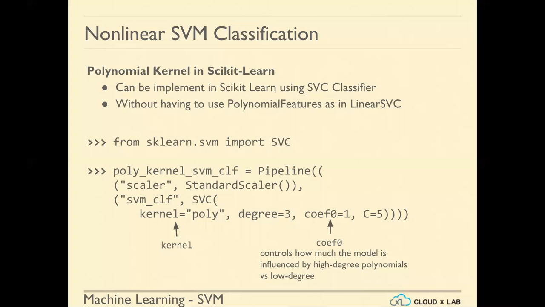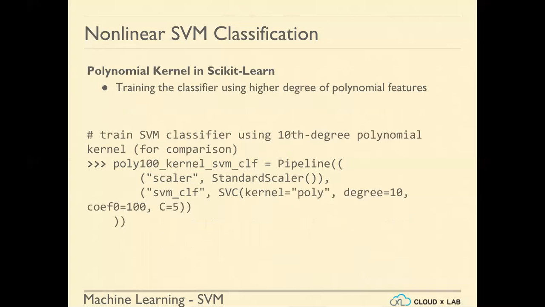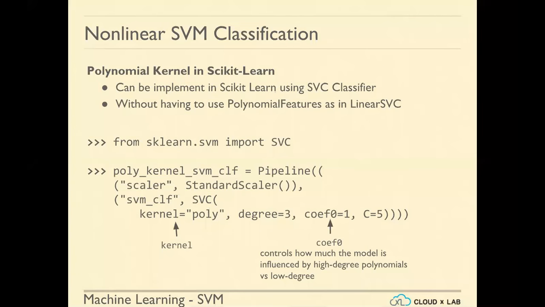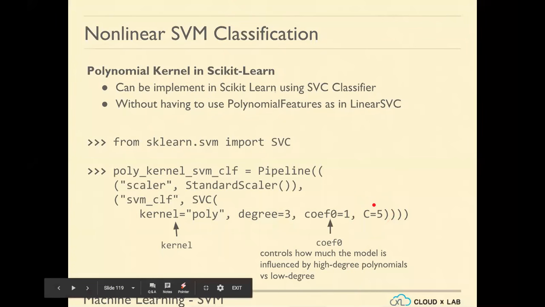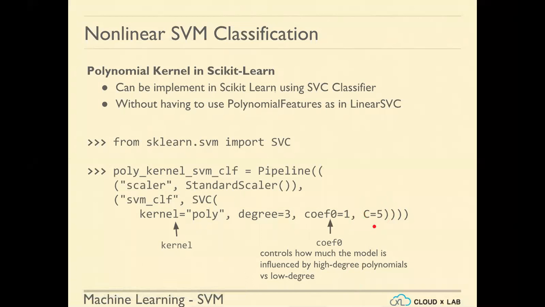So this coefficient 0 is essentially controlling how much the model should be influenced by high degree polynomials as compared to the low degree polynomials. Here we also have C equals 5, which is saying how big we want the lane, the street, to be.